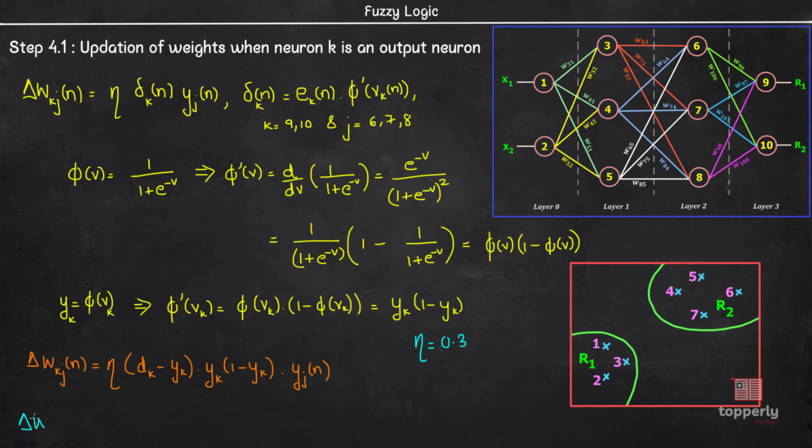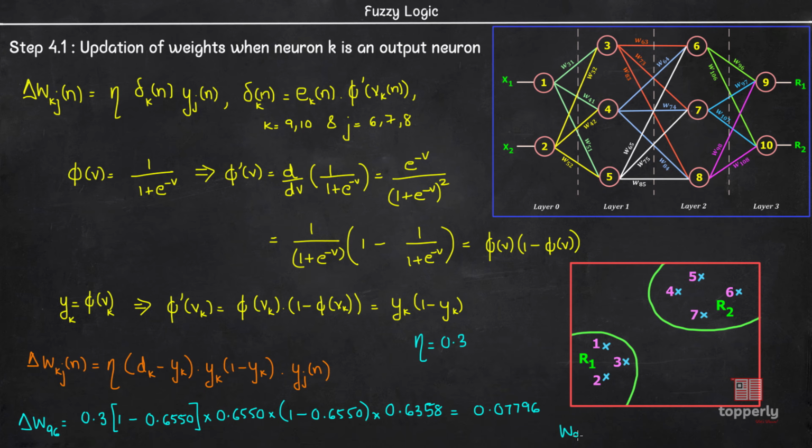So delta W96 is equal to 0.3 into desired output value of neuron 9, which is 1 for the first problem set, so 1 minus actual value, which is 0.6550, into again yk, which is 0.6550, into 1 minus 0.6550, into yj, and j is 6 here, so y6, which is 0.6358, and this calculates to 0.07796.